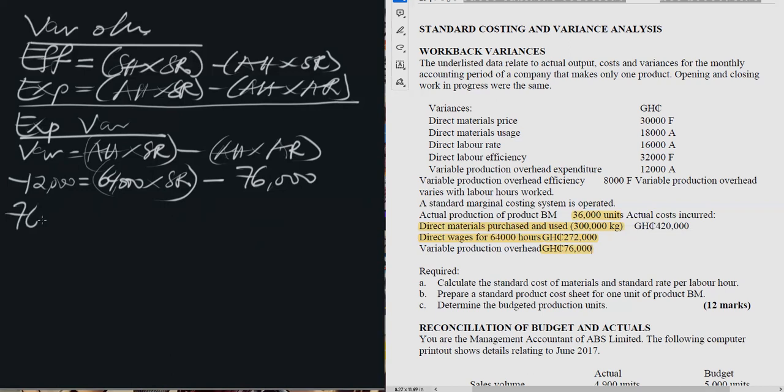So 76,000 can cross, it becomes positive. Also, there's minus 12,000. So we subtract the 12,000 from here. And this ends up giving us 64,000 SR. So 76,000 minus 12,000 gives us what? That gives us 64,000.